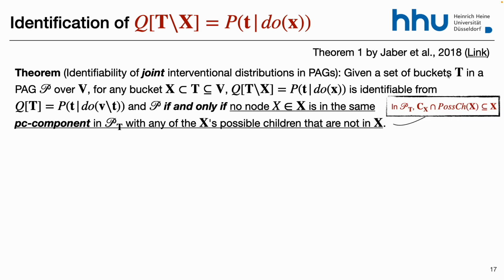In mathematical language, the difference here is just the possible children. The causal diagram version was a causal diagram over T, now it is a PEG over T, and the condition is the same, but instead of just children, we consider possible children.